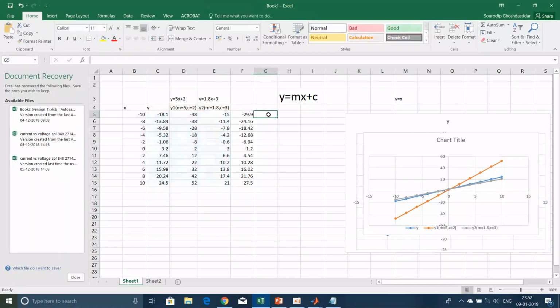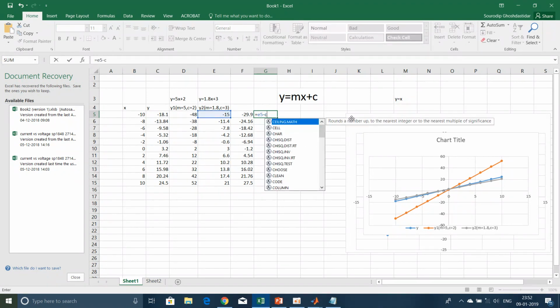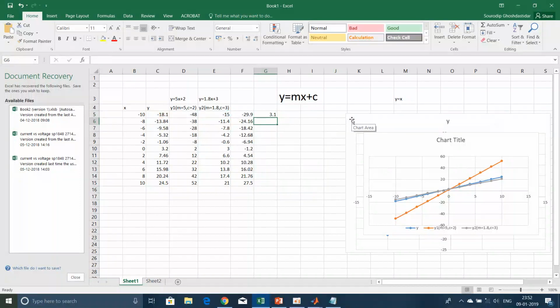So if we were to find the differences between this data and this data in Excel, we would do E5 minus C5. Okay, so we would get 3.1: 18.1 minus 15 is 3.1.